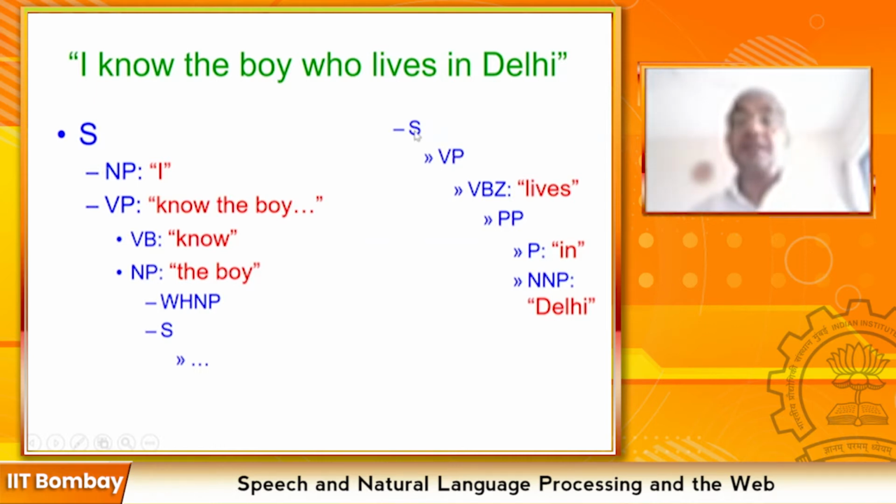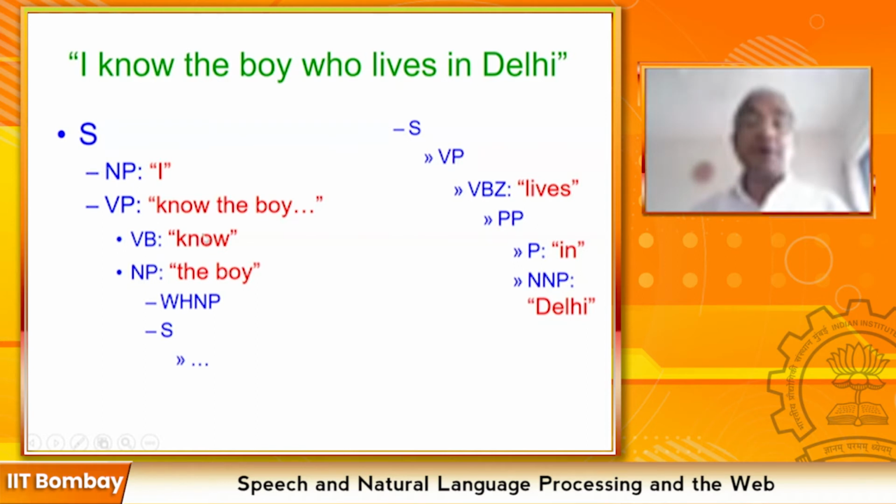So this particular sentence, which consists of only VP, is different from the sentence go there. Go there is a complete sentence, but lives in Delhi is not a complete sentence. So you can introduce a special symbol here. You may call it S prime or S tilde, saying that it is a special kind of sentence without NP.